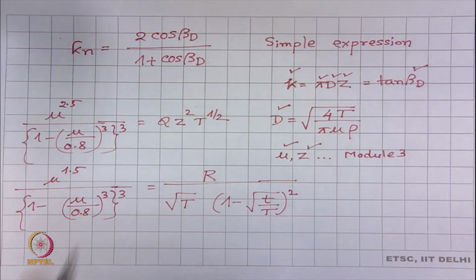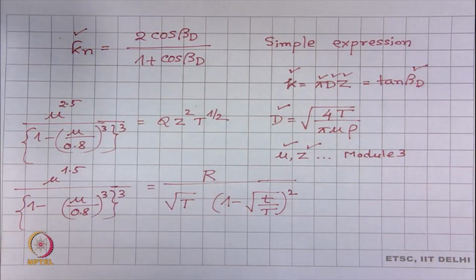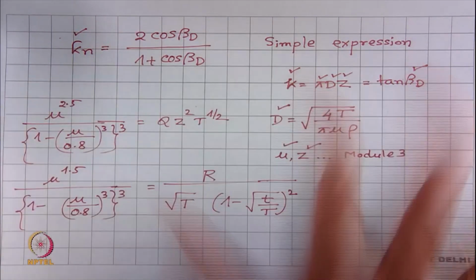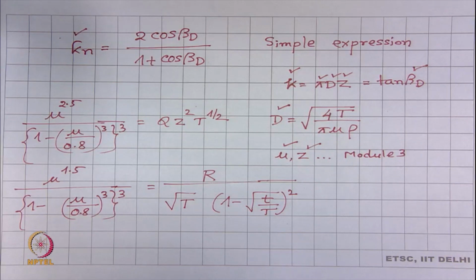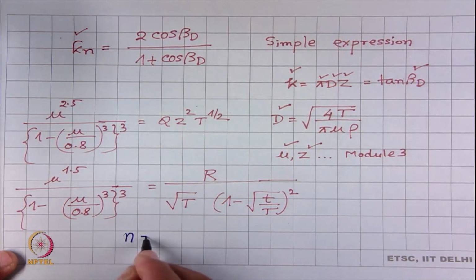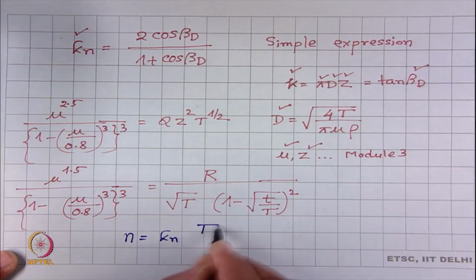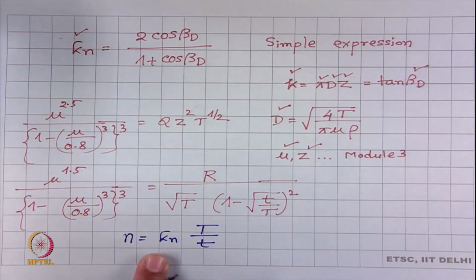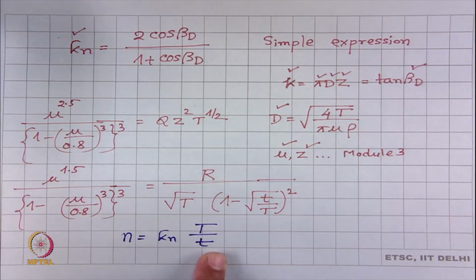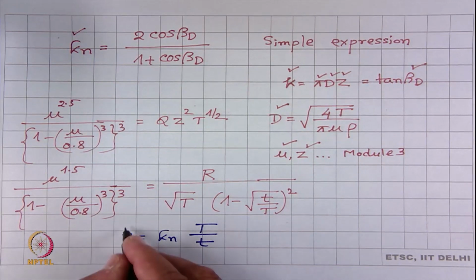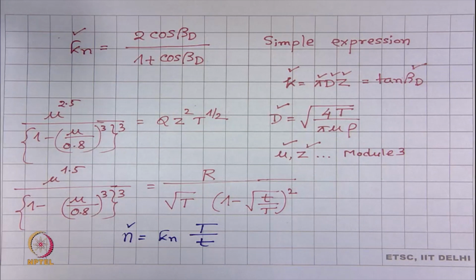If we know beta d, we will be able to find out k n, and if we know coefficient k n, then, because capital T by small t are very well known quantities for yarn, we will be able to find out this small n, the number of fibers present in yarn cross section.